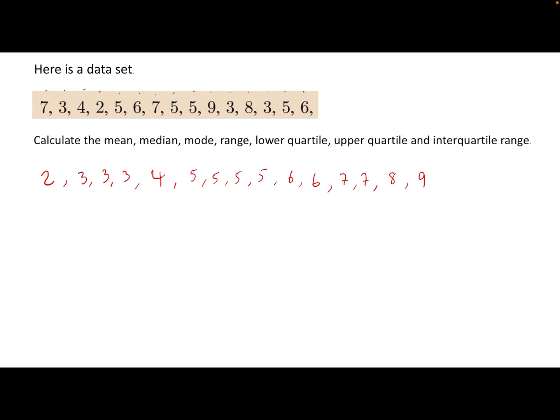Right, so the mean, hopefully you realise, is equal to adding up all of the values, and then dividing by how many numbers there are. I'm just going to show you a little bit of notation here. Here is the formula.